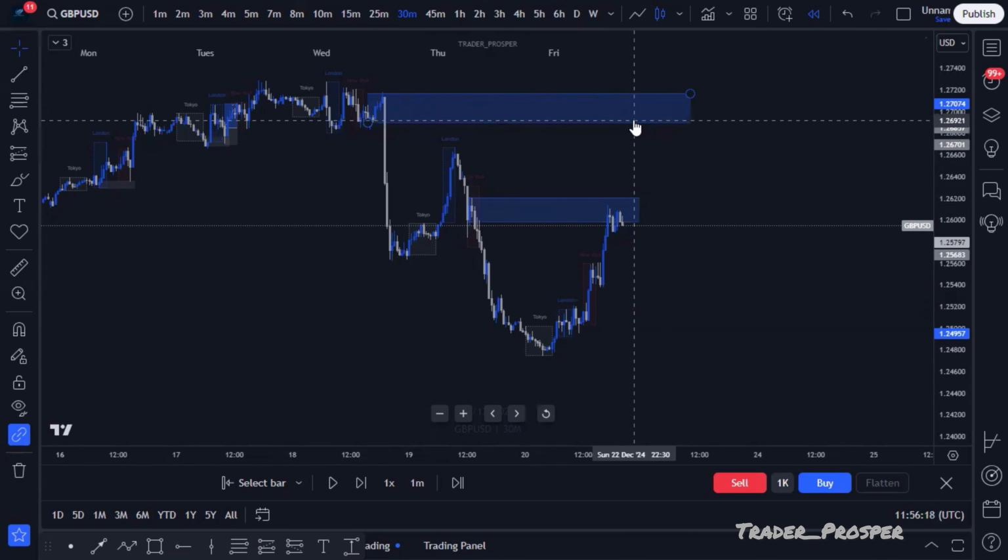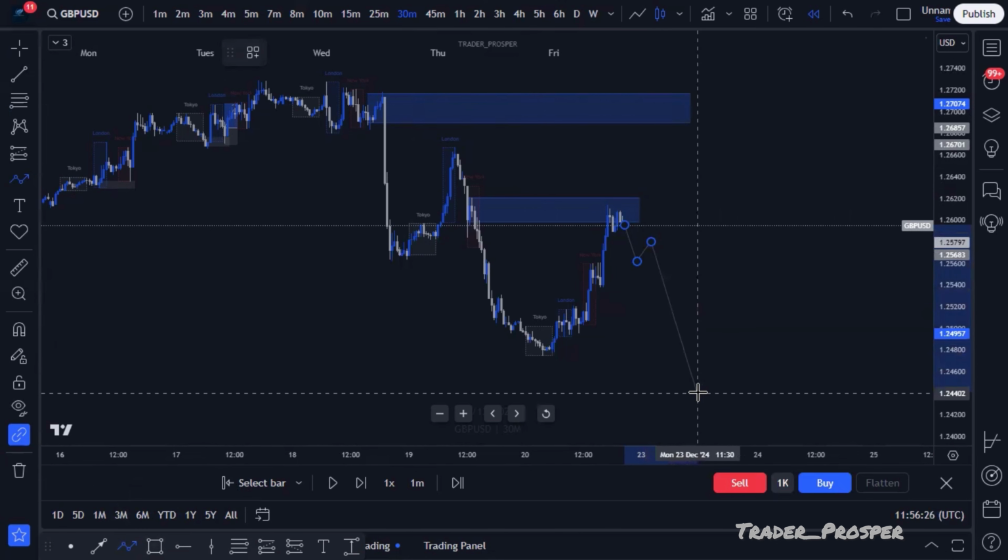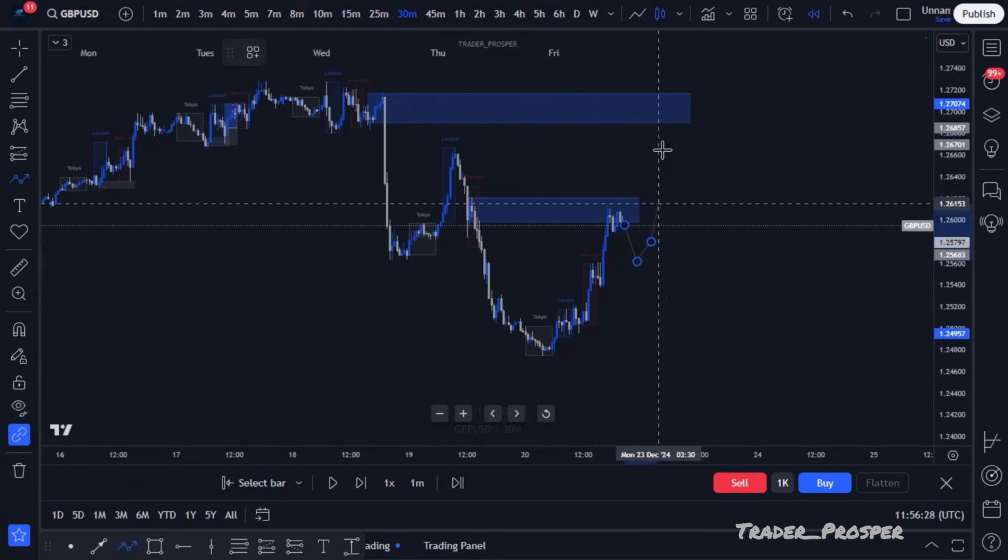The first thing we need to keep in mind is that price might either react from this zone and continue to the downside, or it might not. It might just come to sweep this liquidity and continue, or mitigate this point to continue coming down.